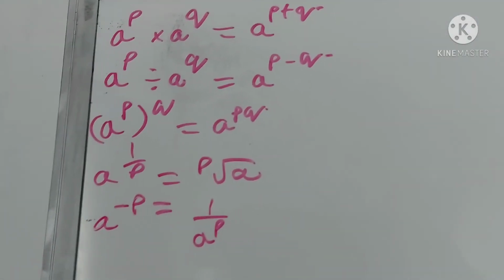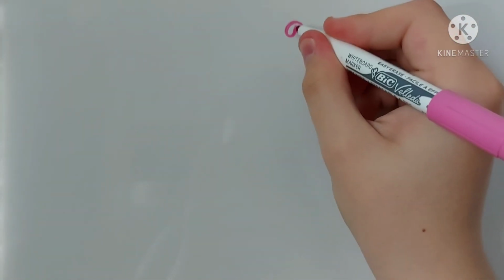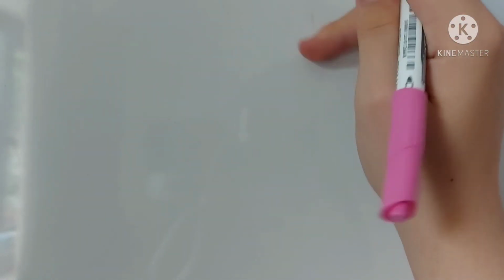So we've got at least 5 index laws we can be using here. Well, let's make it a bit more complex, because in A-level mathematics, we need to be able to combine these together. If I've got, for example, 9 to the 3 halves, how would we deal with that?